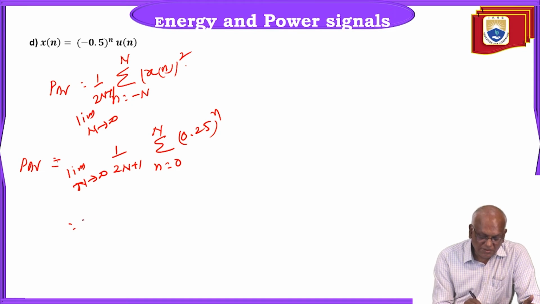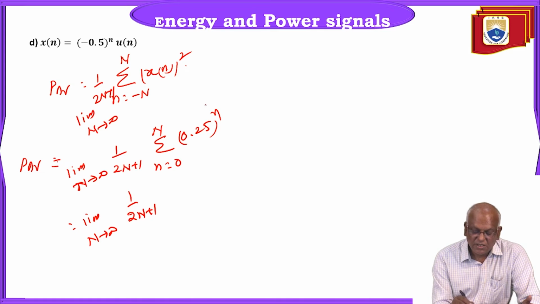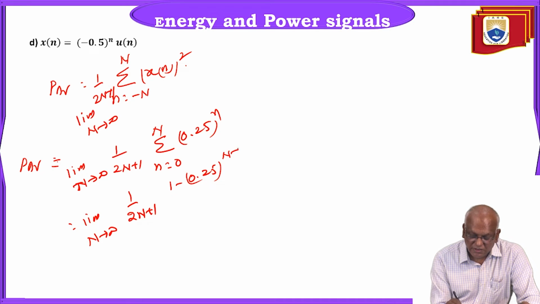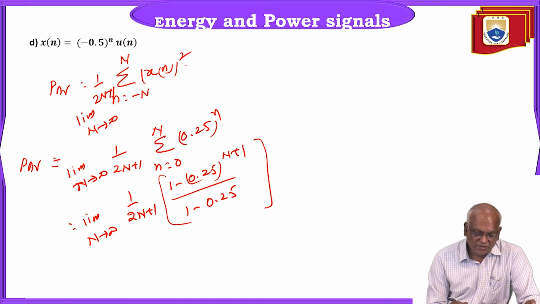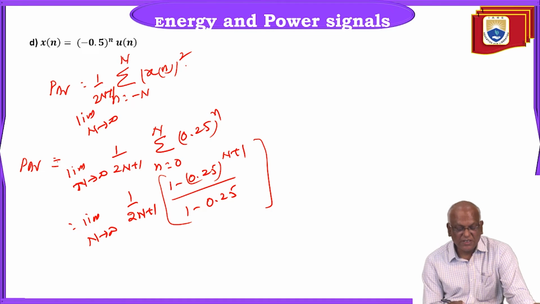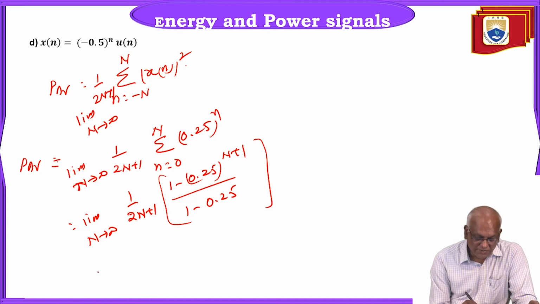You know that this is the limit as n tends to infinity of 1 divided by 2n plus 1. This value becomes a finite series. That's why it becomes (1 minus 0.25 to the power n plus 1) divided by (1 minus 0.25). Now I can apply the limits.